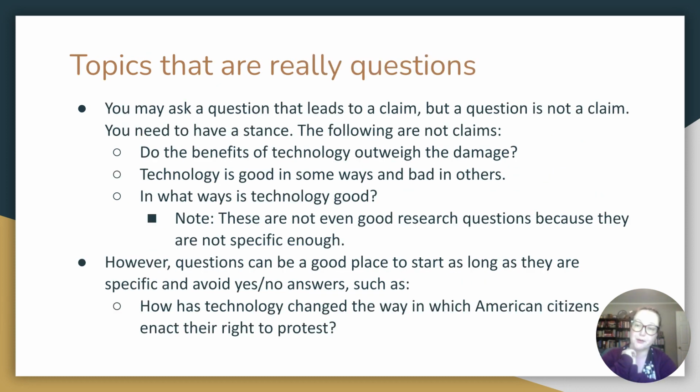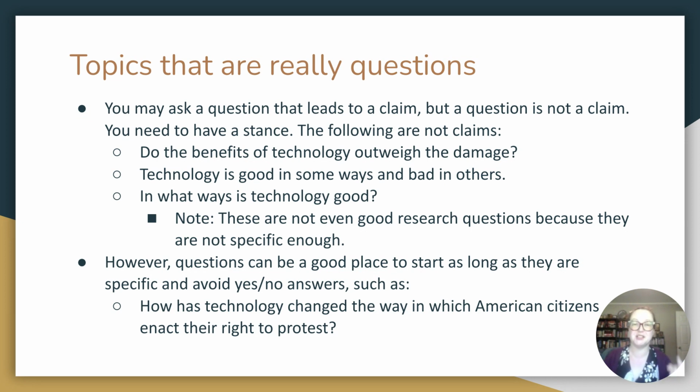You also want to avoid topics that are actually questions. So you might ask a question that leads to a claim, but a question itself is not a claim. You have to have a stance. You have to go a certain direction. You can't go in every direction, okay? And a question leads you in every direction, okay?